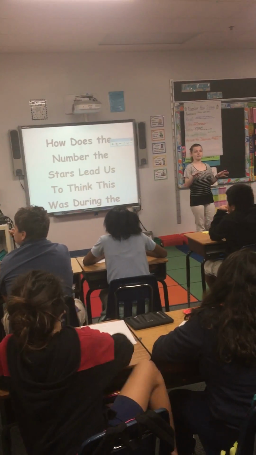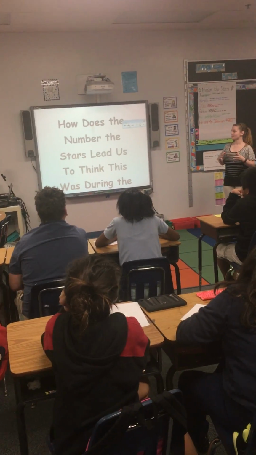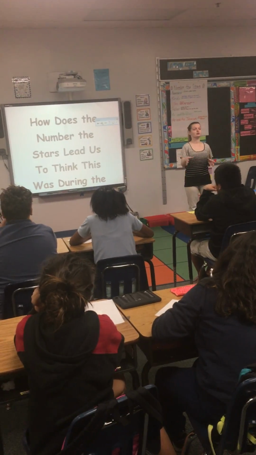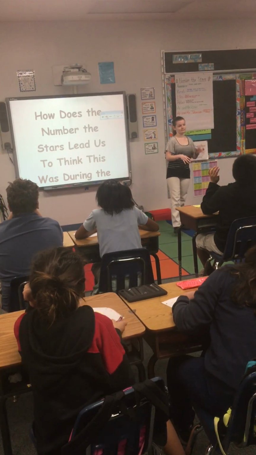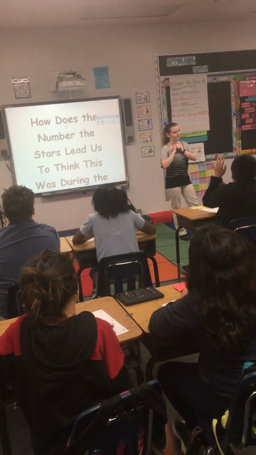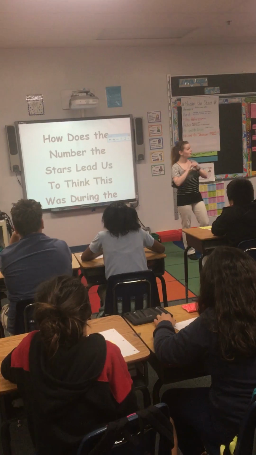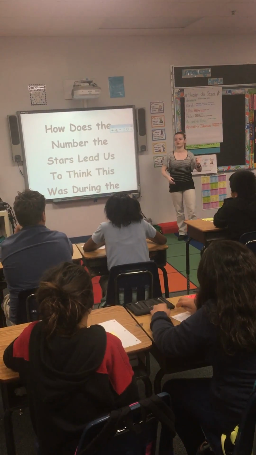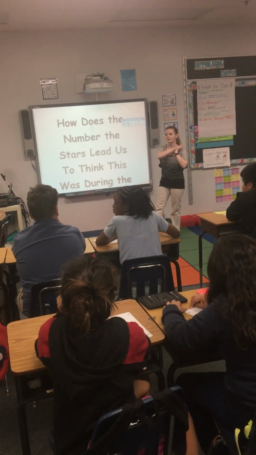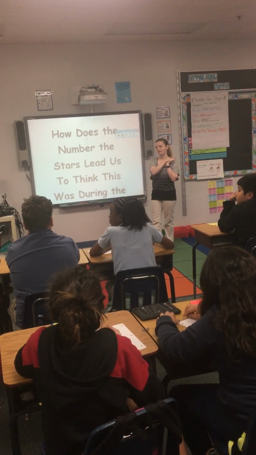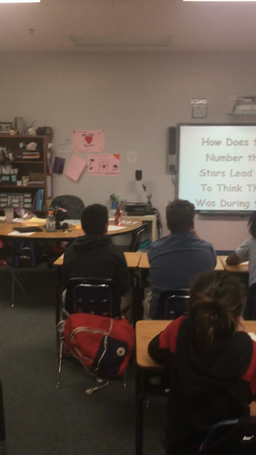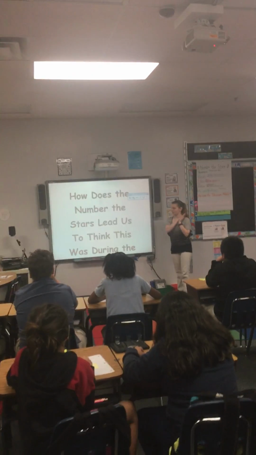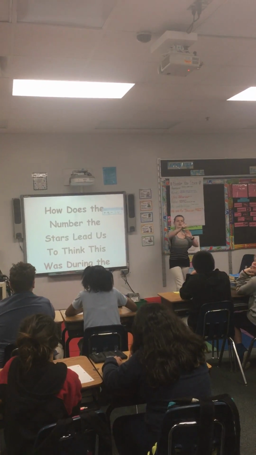So going back to Number the Stars, how does Number the Stars lead us to think that this was during the Holocaust? The Nazis? Okay, yes, it has Nazi soldiers in it. Yes. The Nazis? Okay, so that was probably the biggest.